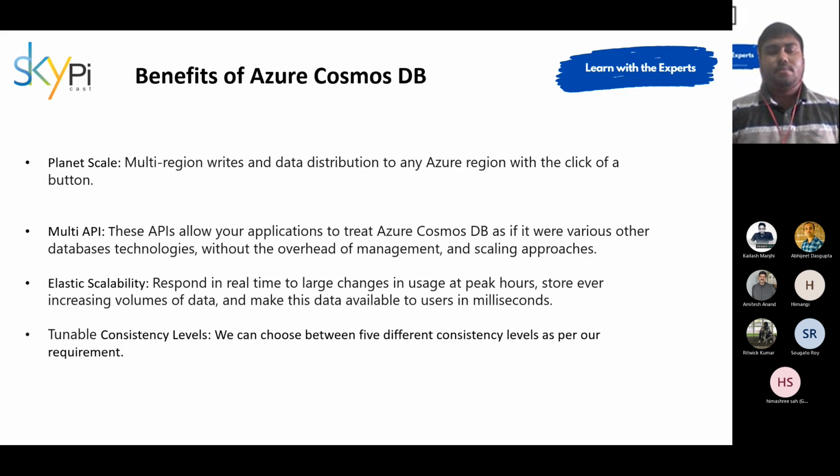And here we get a spectrum of consistency as per our requirements. Here we get 5 different consistency levels, which we'll go through in later slides. So we can choose from them as per our requirement. These were a few benefits of Azure Cosmos DB and why we might want to learn about it more.